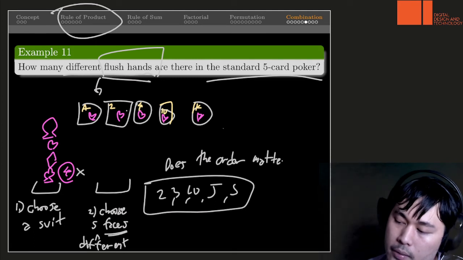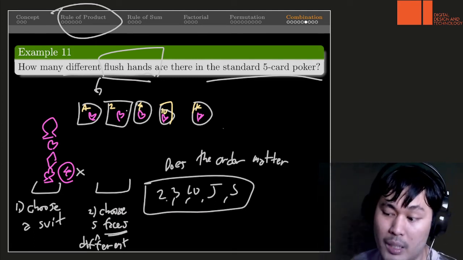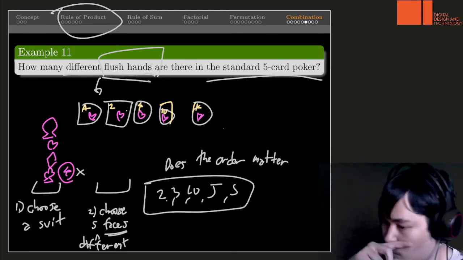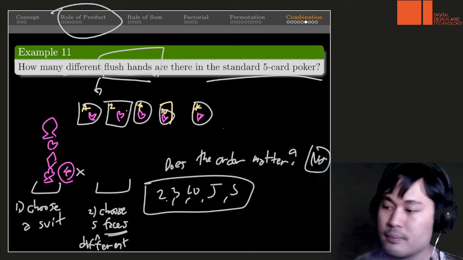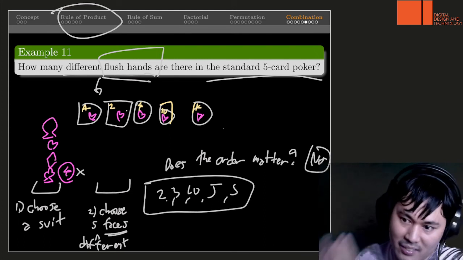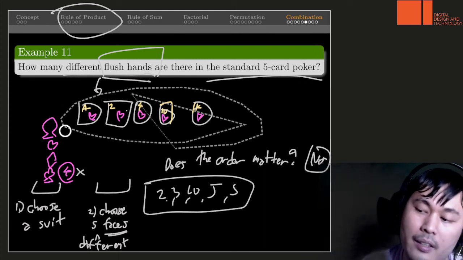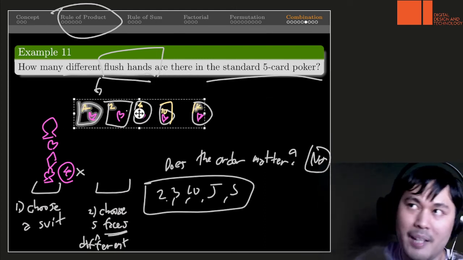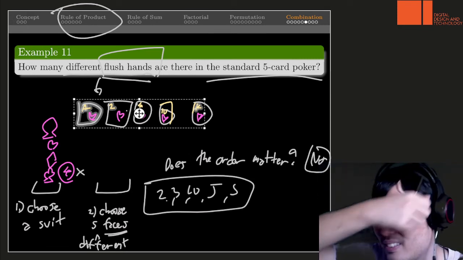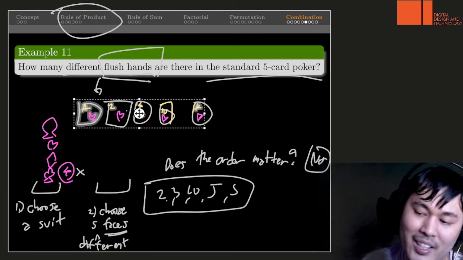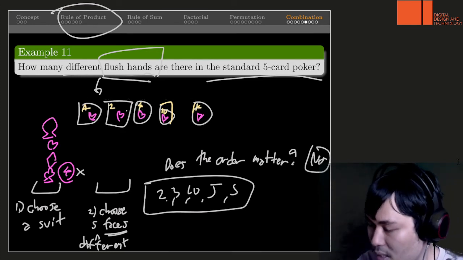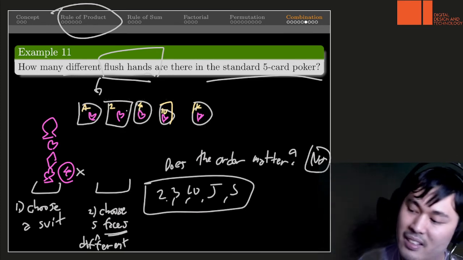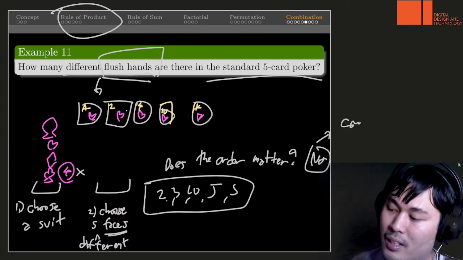Does it matter if you get 2 before 3, or 3 before 10, or Jack before 2? The answer is no. Once you have every card in your hand, they all form a single hand. You don't get more prize for having them in order from smallest to largest. We don't care about the order. And since the order doesn't matter, we are dealing with a combination.